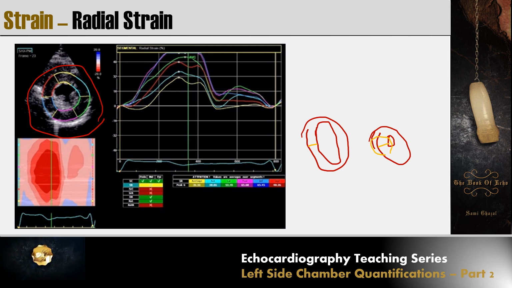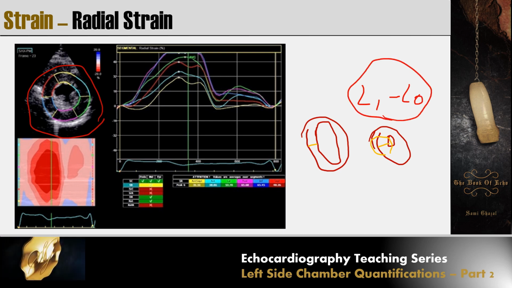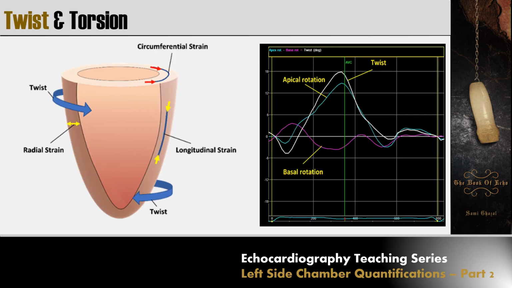So L1 is bigger than L0. So you will have a positive strain, and you will have a positive deflection here. This is the radial strain. And thanks to speckle tracking, we can easily measure it directly by this technology.